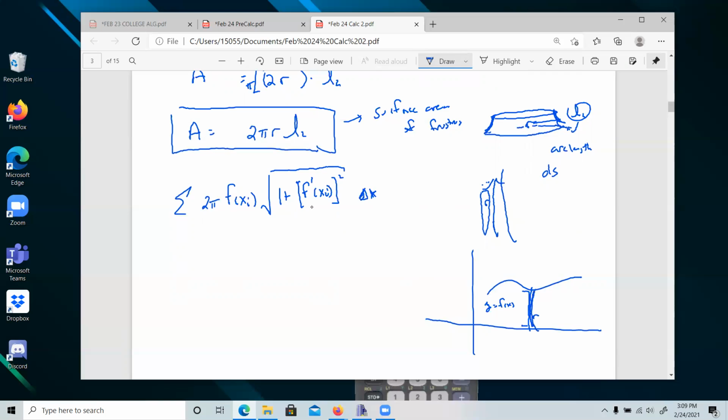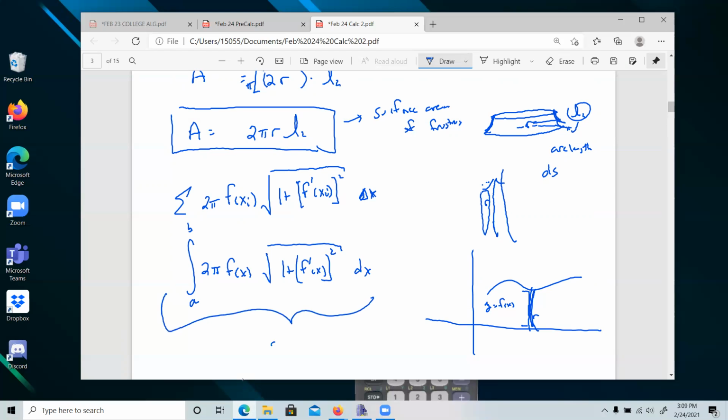We're going to start adding those up. And now we're going to get the integral from a to b of 2 pi f of x times the square root of 1 plus f prime of x squared, dx. And that is our formula for surface area of revolution.